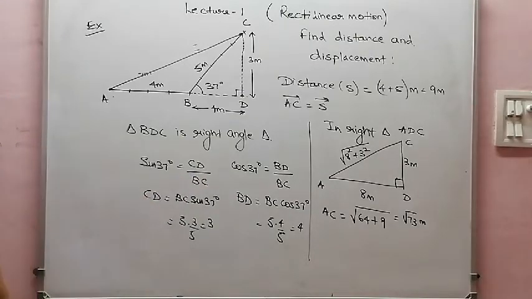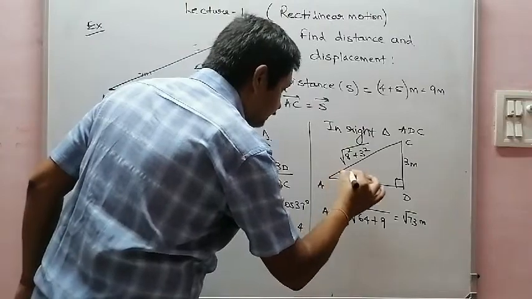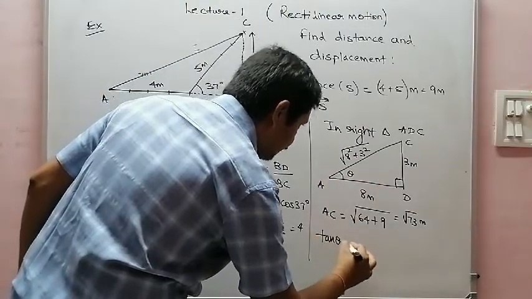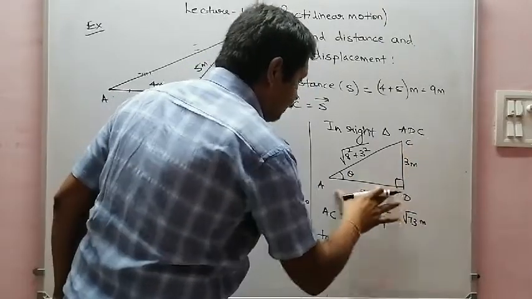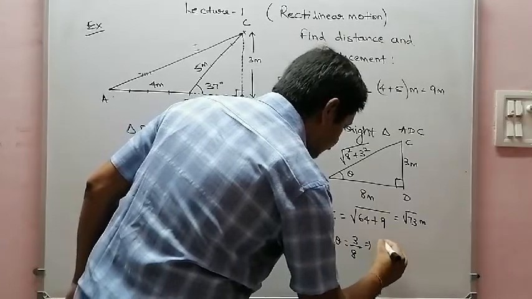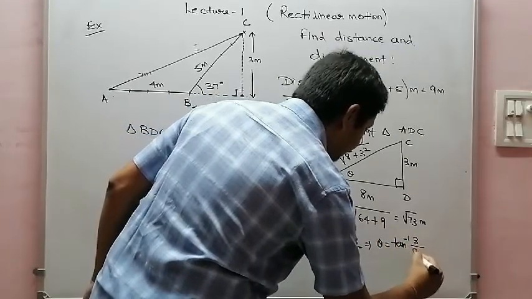Now if you want to find the direction, let this angle be theta. So tan theta becomes perpendicular by base, that is 3 by 8. This implies theta is tan inverse 3 by 8.